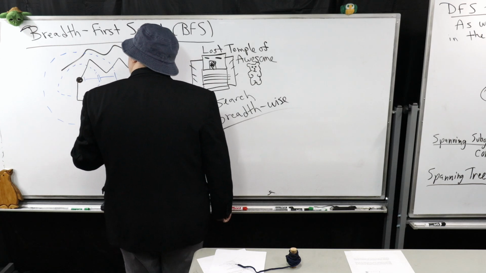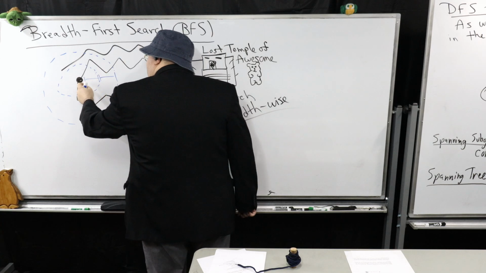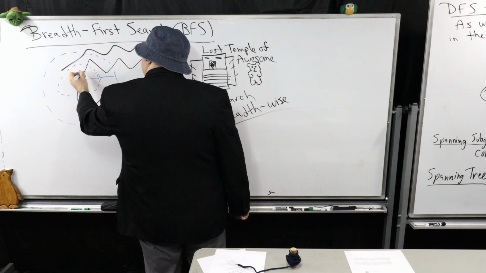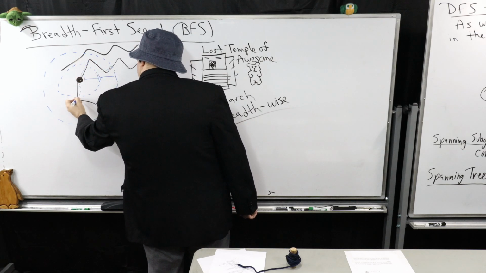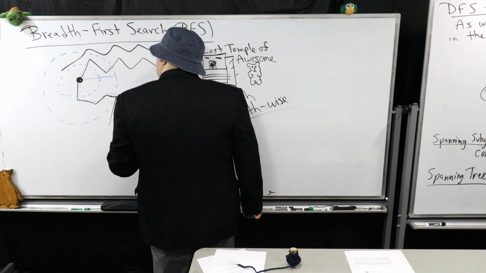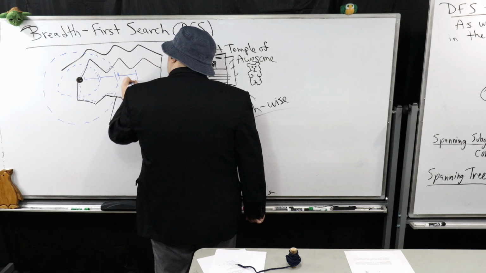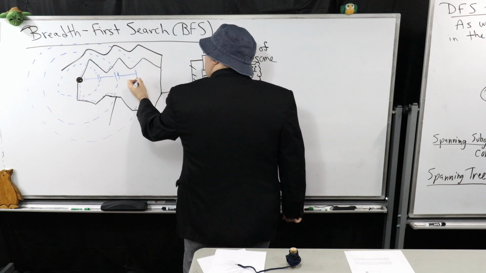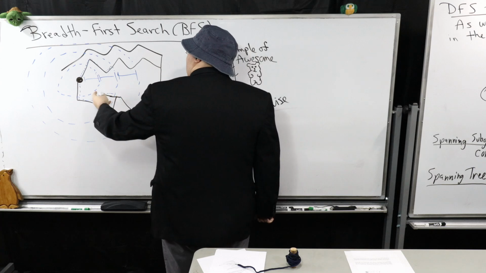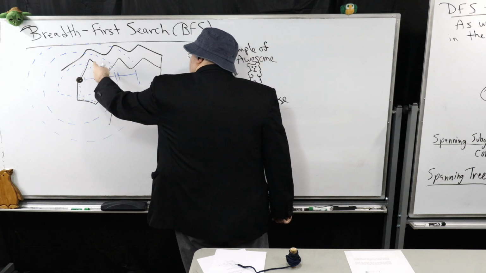I explore everything within 2 steps of me that's reachable from the starting point. At this stage, I'm effectively venturing these 2 pathways. But every time I take a step, I explore more and more of the jungle from the beginning here. So I'm getting further and further along these 2 pathways.